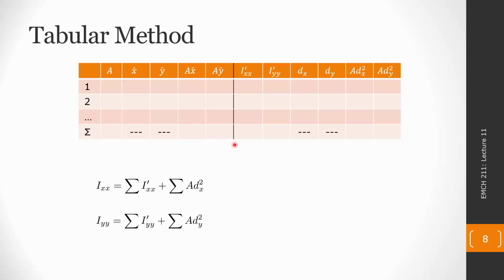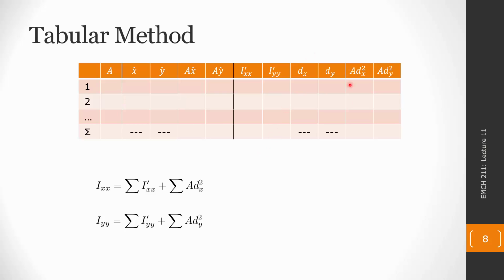Now we're going to expand on the table that we've been working with. So I'm adding more columns to this table. For each shape, I want Ixx prime, Iyy prime, this dx calculation, the dy calculation. Then these are just going to be products. I'm going to take the area of the shape times the dx squared and the area of the shape times the dy squared. So for each shape, we need to fill in these columns.